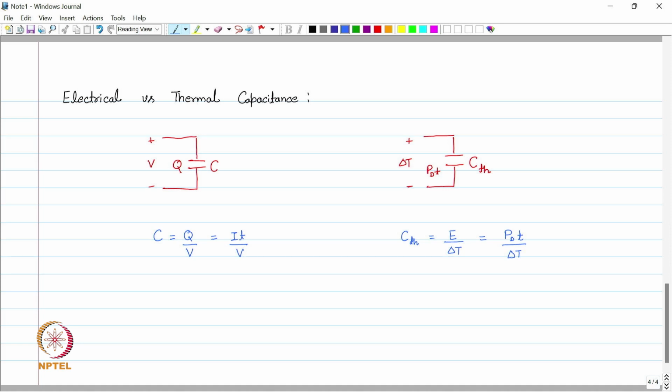For the thermal capacitance, the unit is joules per degree centigrade. So these are the differences in the units, but both behave almost similar to each other.